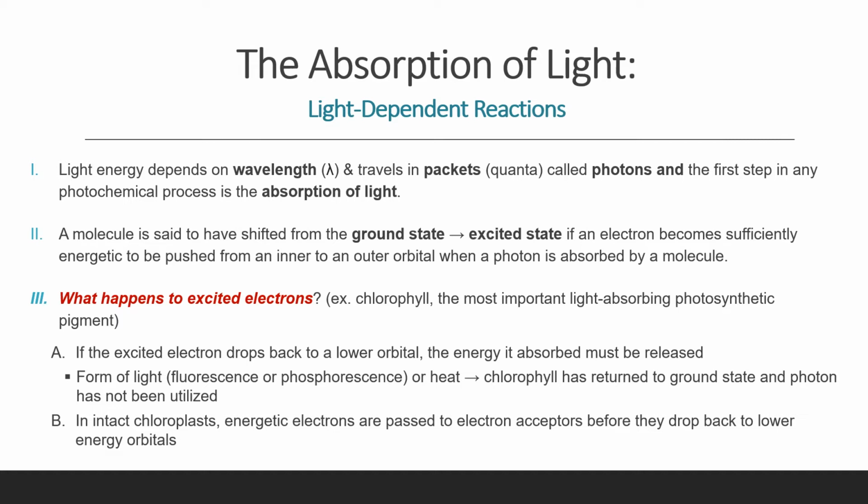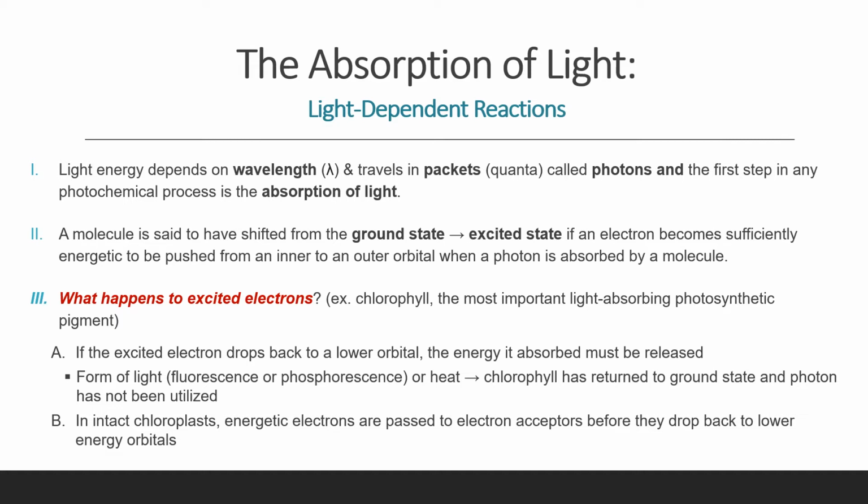A molecule is said to have shifted from the ground state to the excited state if an electron becomes sufficiently energetic to be pushed from an inner to an outer orbital when a photon is absorbed by a molecule. So again, what happens if your electrons get excited? Let's have an example, which is chlorophyll, the most important light absorbing photosynthetic pigment.